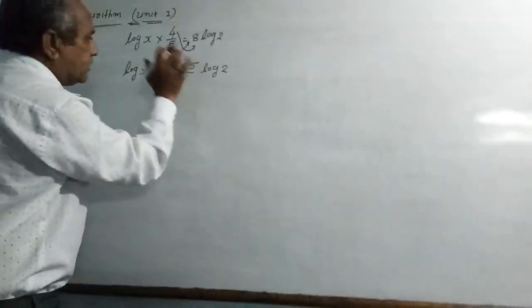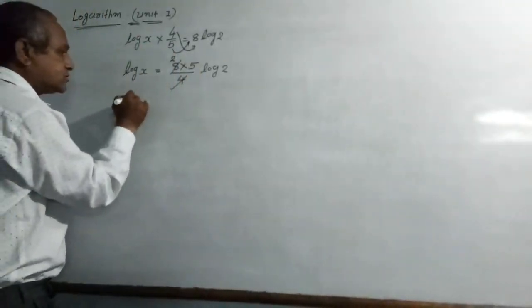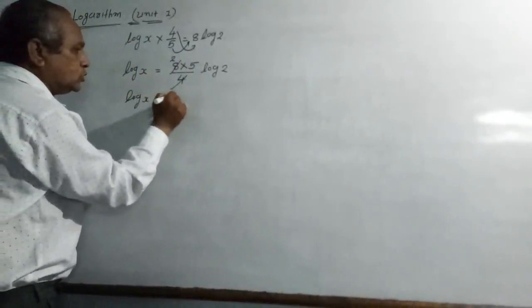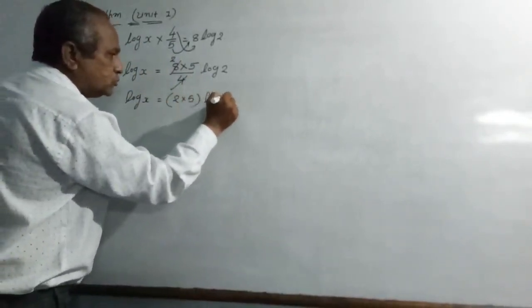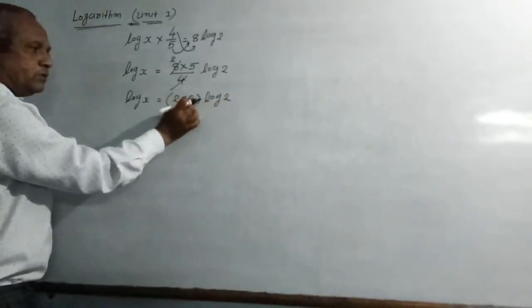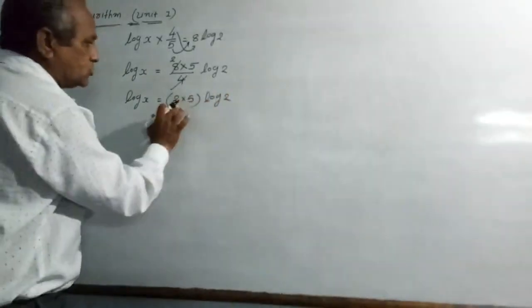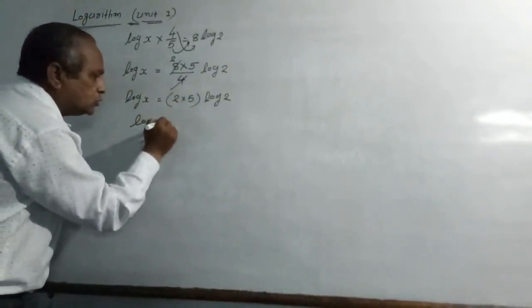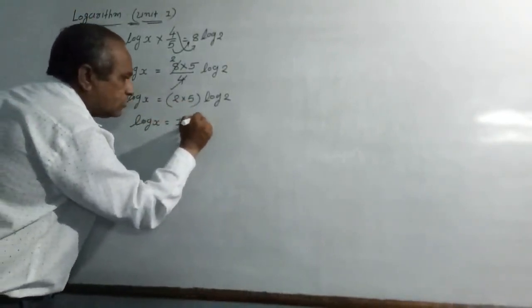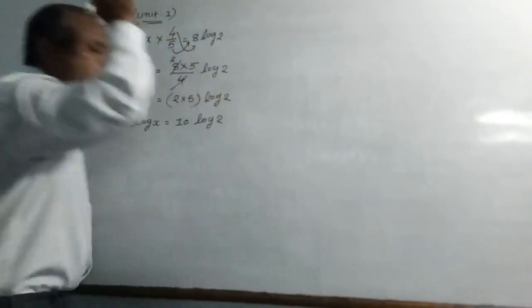Now 2 multiplied by 5, so log x is equal to 2 multiplied by 5 log 2. 2 multiplied by 5 is 10. So log x is equal to 10 log 2.